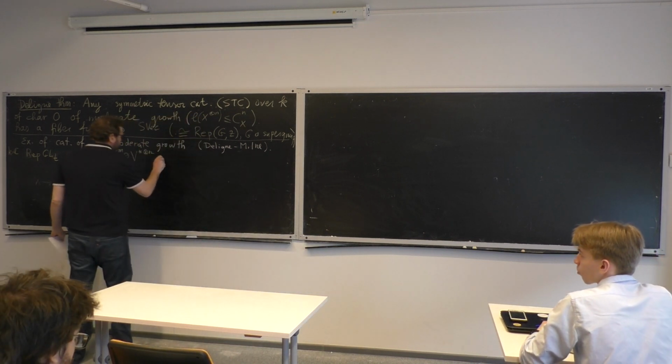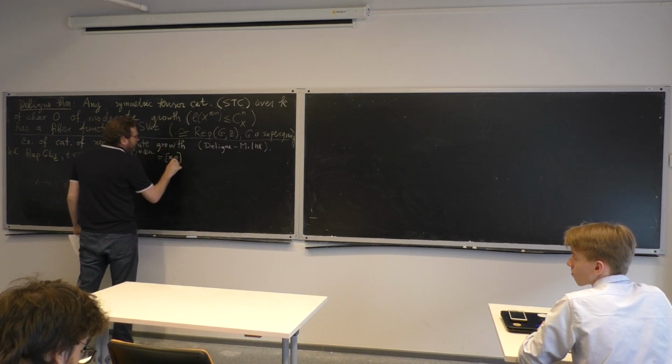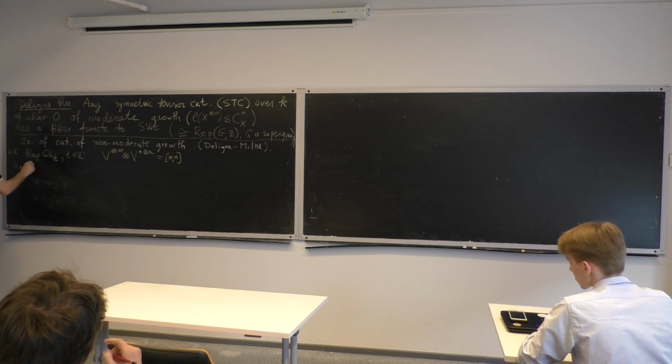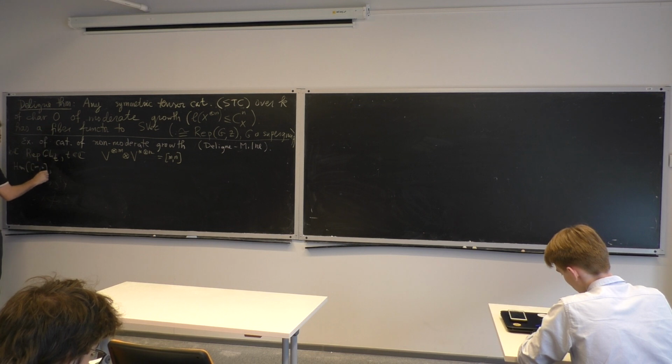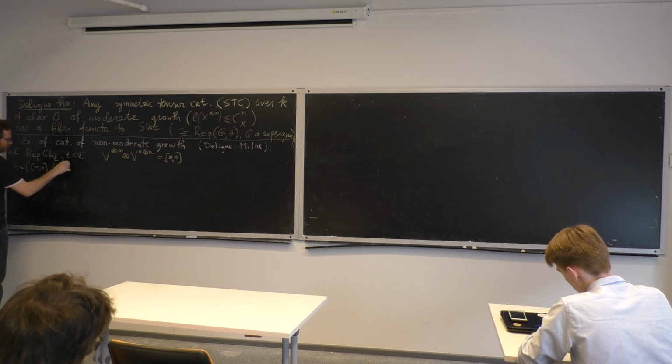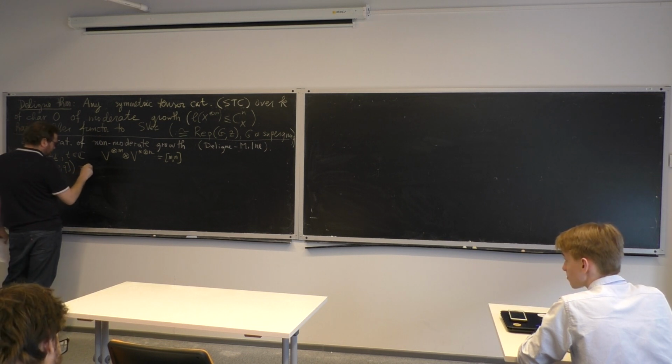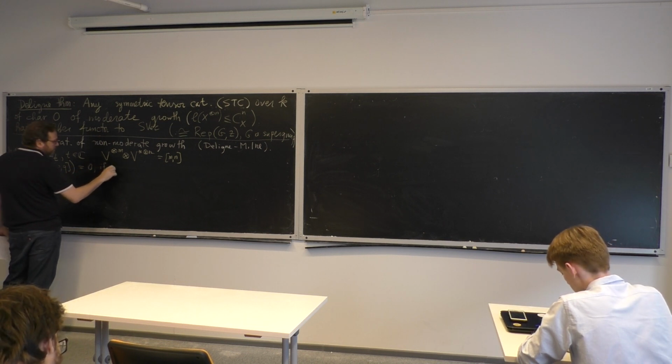So let's call this object [m,n]. And let us look at what is Hom from [m,n] to [p,q]. Well, first of all, it is 0 if m minus n is not equal to p minus q.